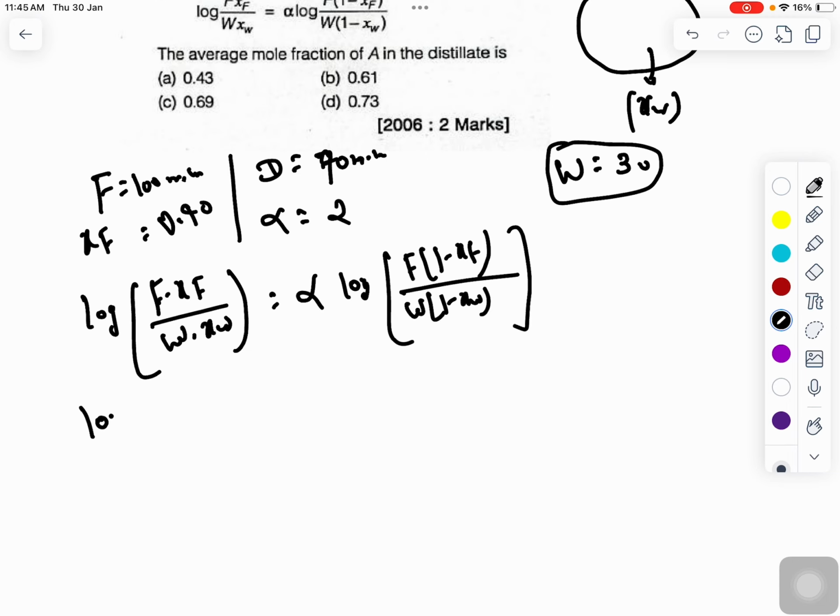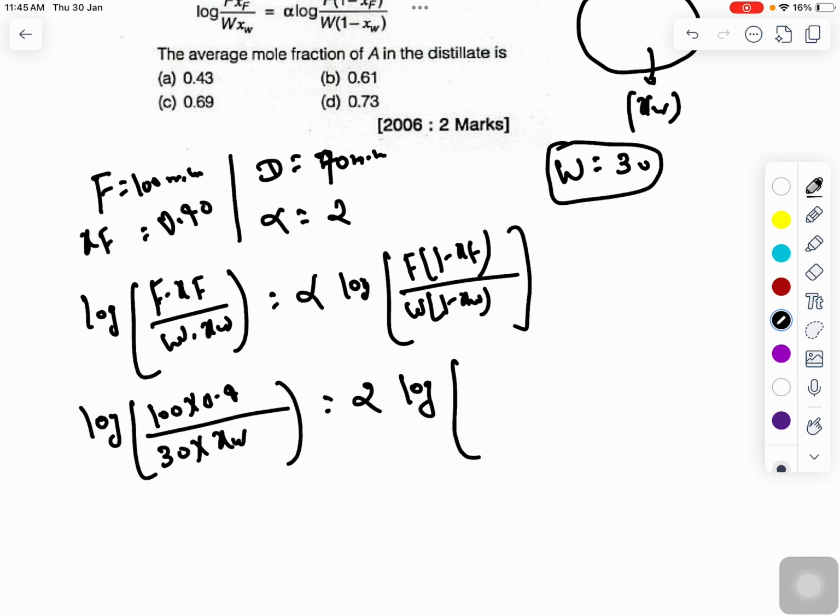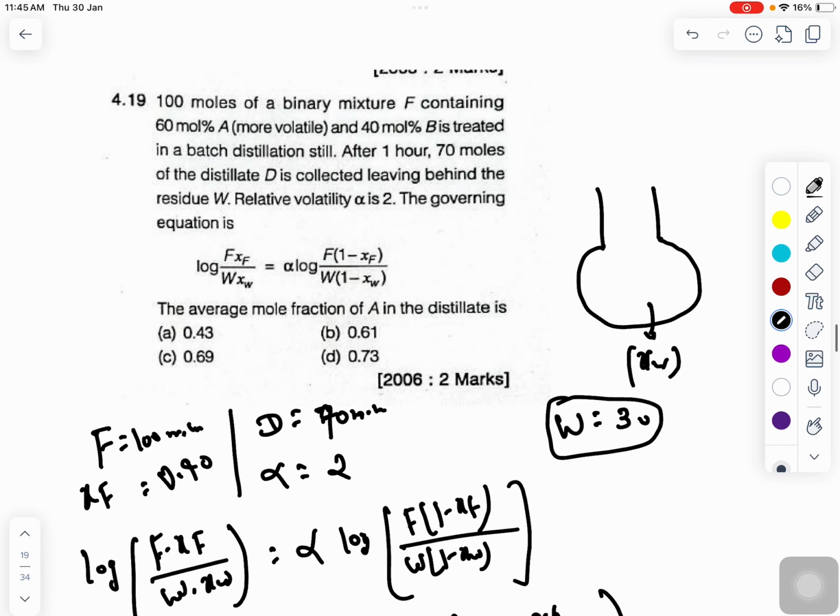So now I'll write this. You can write log of F, which is 100 multiplied with 0.4, divided by W, which is 30 multiplied with XW, we don't know, and alpha is 2, and again log of F, which is 100 multiplied with 0.6, divided by W minus W into XW. So W is 30, so I can write 30 minus 30 XW, and you are supposed to calculate the mole fraction of A. Is that clear?